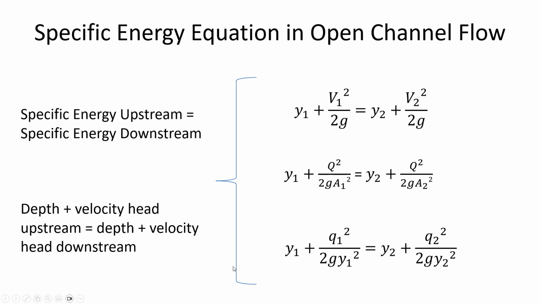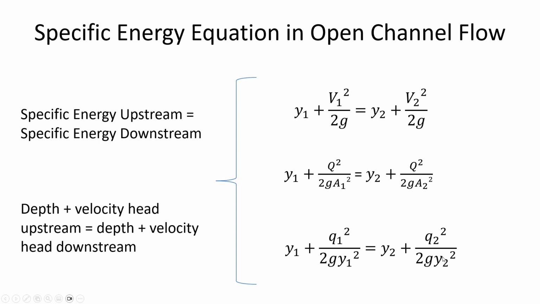But here's just kind of the overhead view of the specific energy equation: specific energy measures the amount of energy in the water above the bottom of the channel. So it's not total energy. Total energy would include a delta Z term. But specific energy just looks at how much energy is there in the form of depth and velocity head. And so these three equations are equal.